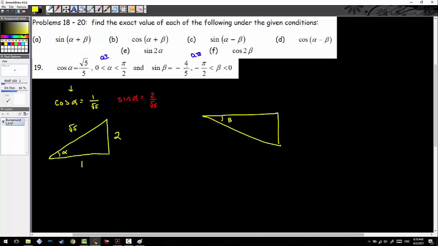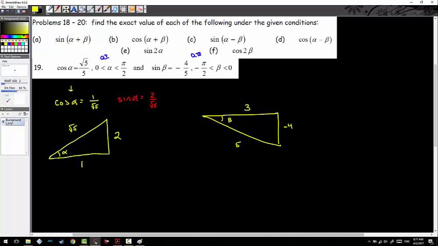From here, it's negative 4/5, so that's going to be opposite over hypotenuse. And I know that this side is going to be negative because we're in the 4th quadrant. And based on our Pythagorean triples, I know this thing is going to be 3. Hopefully we're doing okay so far.